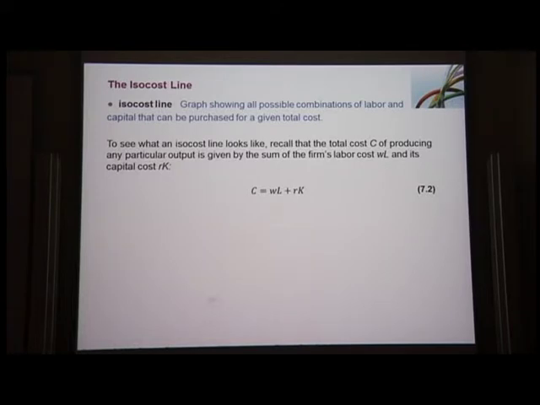To derive the slope of the isocost line, the total cost of production is the sum of the firm's labor cost, W times L, where W is the wage rate and L is the amount of labor that you employ, and the capital cost, R times K, where R is the rental rate of capital, the cost of capital, and K is the amount of capital that you employ. So that is the total cost of producing a certain level of output.